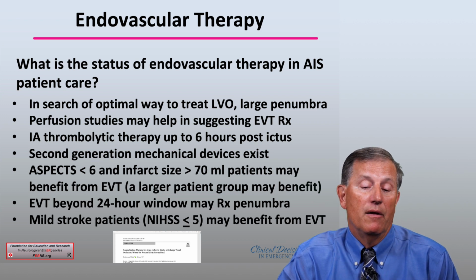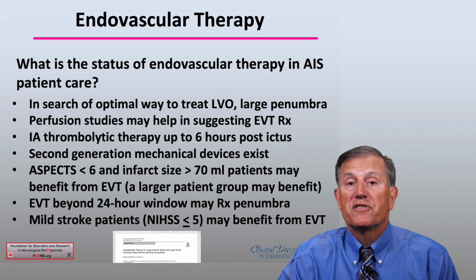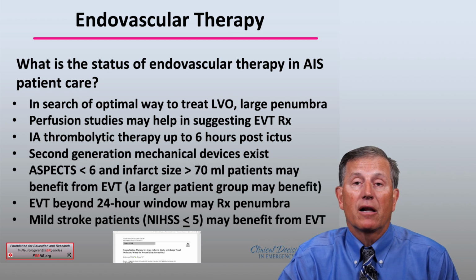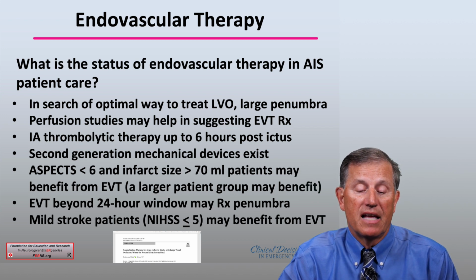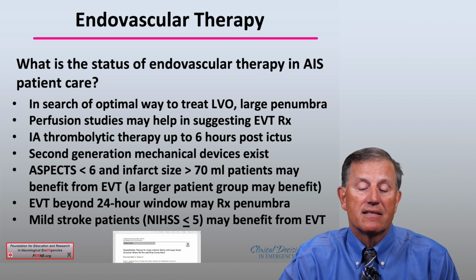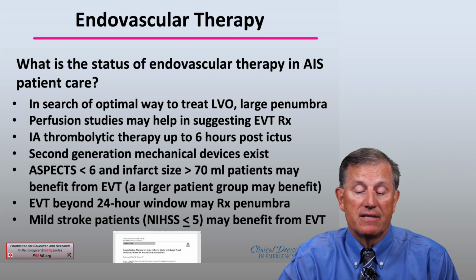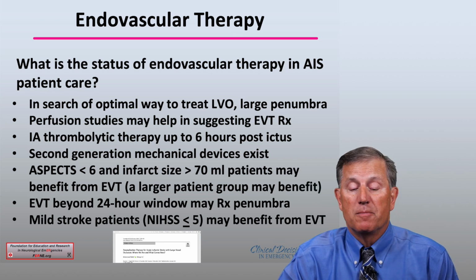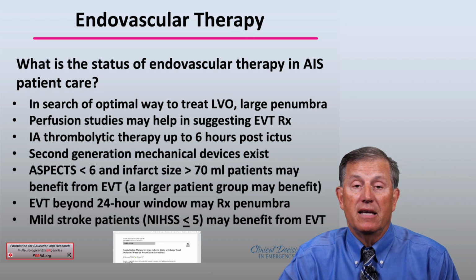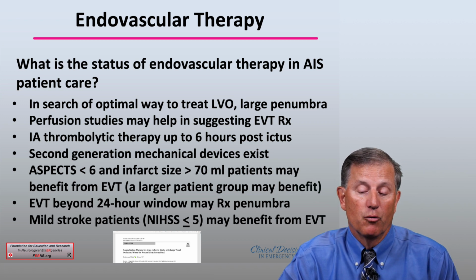We know EVT may be useful in part with the use of intra-arterial thrombolytic therapies. We know that there are second-generation mechanical devices that allow the clot to be removed successfully. We know in patients with an ASPECTS score less than 6 and an infarct size greater than 70 mLs, these patients may especially benefit from endovascular therapy, especially because they define a larger patient group.